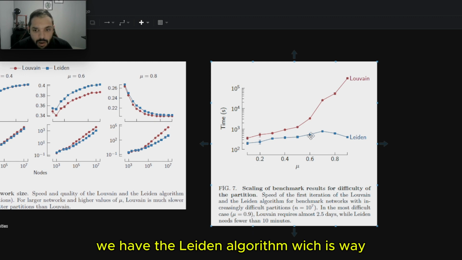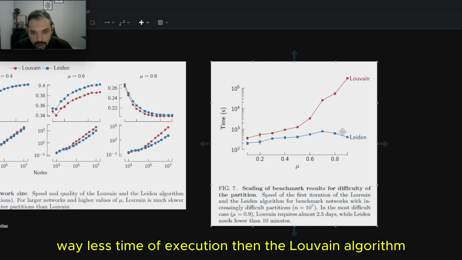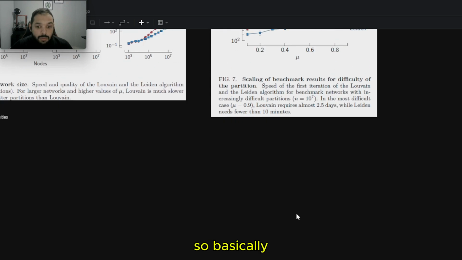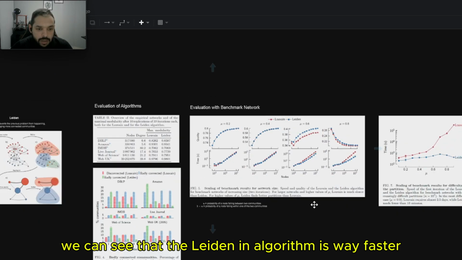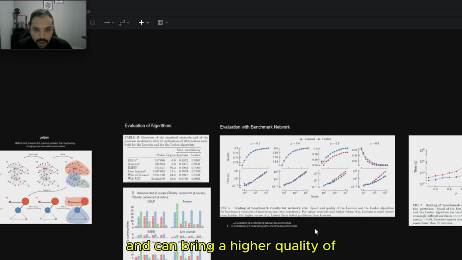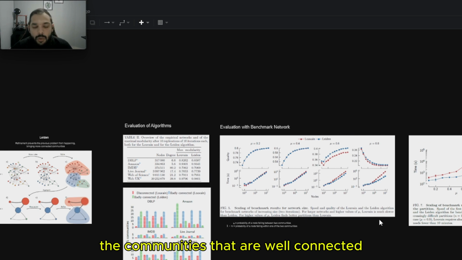We have the Leiden algorithm with way less time of execution than the Louvain algorithm. So basically, we can see that the Leiden algorithm is way faster and can bring a higher quality of communities that are well connected.